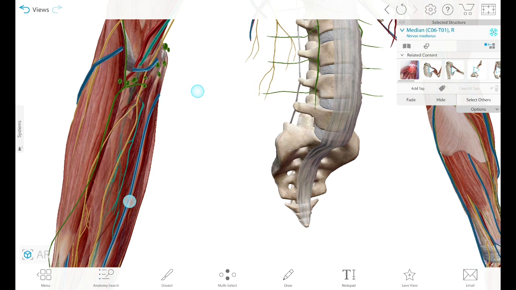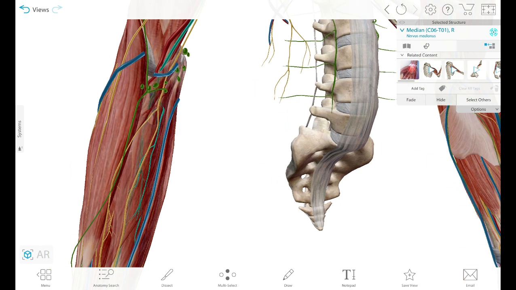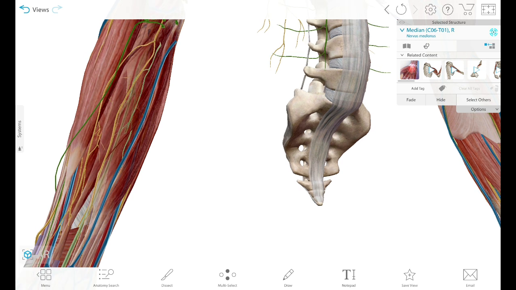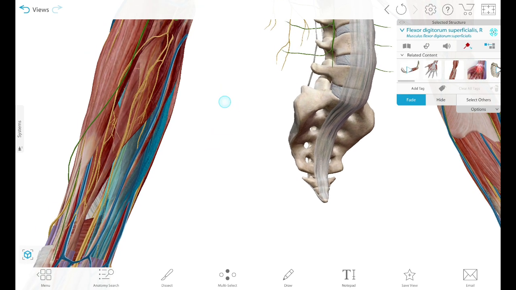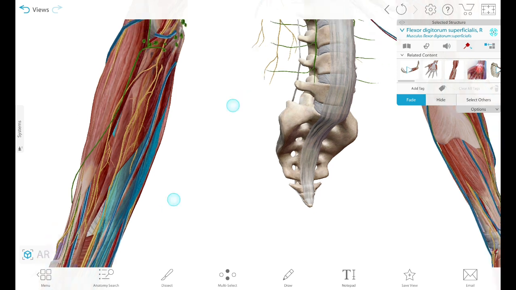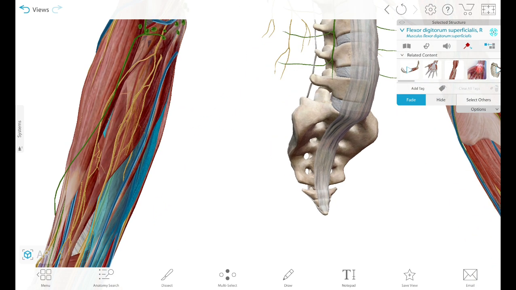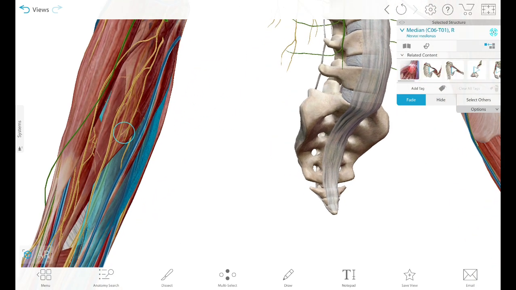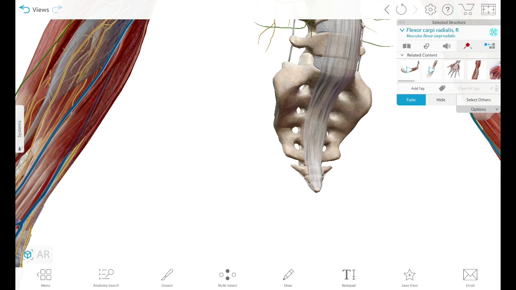So the flexor muscles of the forearm are flexor digitorum superficialis. So this muscle over here is the flexor digitorum superficialis. So the median nerve supplies the flexor digitorum superficialis, and beneath the flexor digitorum superficialis is the flexor digitorum profundus.